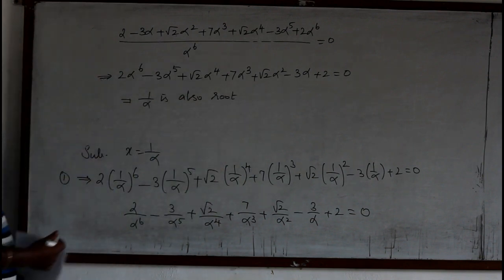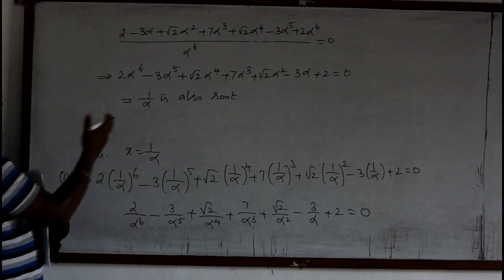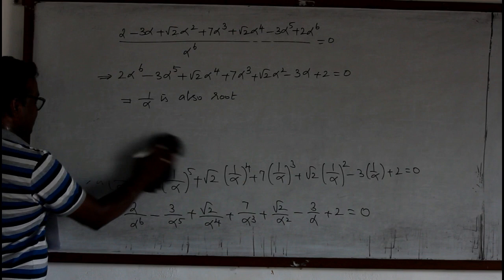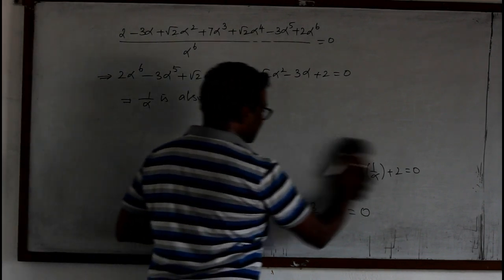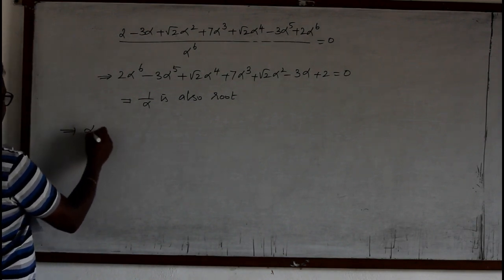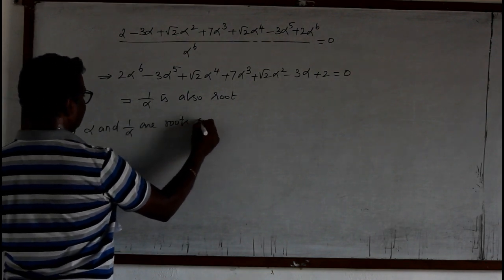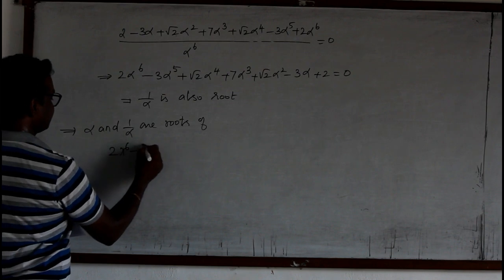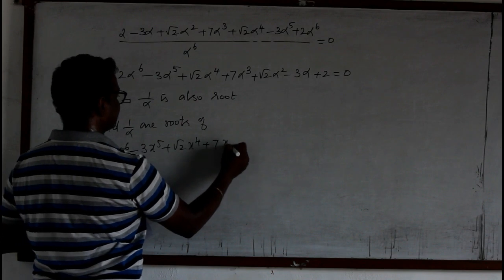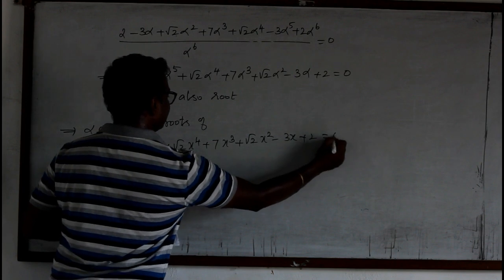So for this kind of equation, we can say 1 by alpha is also a root if alpha is a root. Therefore, these kinds of equations are called reciprocal equations. You can notice one thing in this reciprocal equation. Alpha and 1 by alpha are roots of 2x power 6 minus 3x power 5 plus root 2 x power 4 plus 7x cube plus root 2 x square minus 3x plus 2 equal to 0.